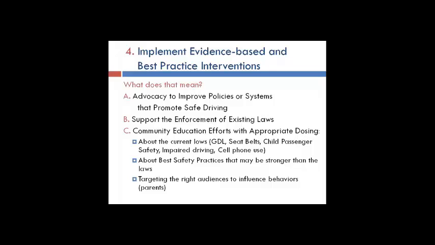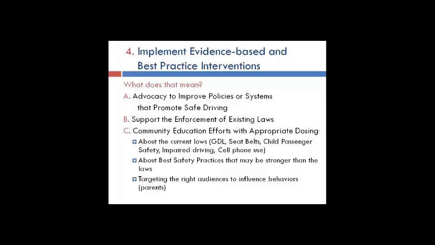And when we say policy, we like to refer to it as having a big P or a little p. It doesn't just mean changing the policies at the state or local level, changing those laws. It can mean changing policies within an organization, like a seatbelt policy while employees are driving on the job. B, support the enforcement of existing laws.